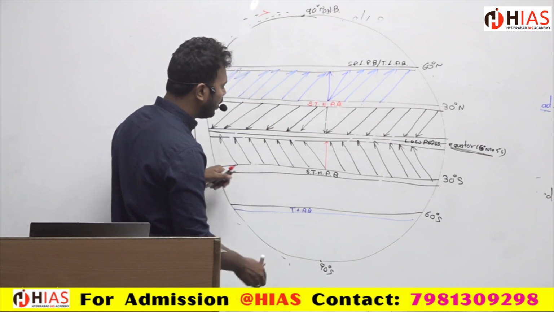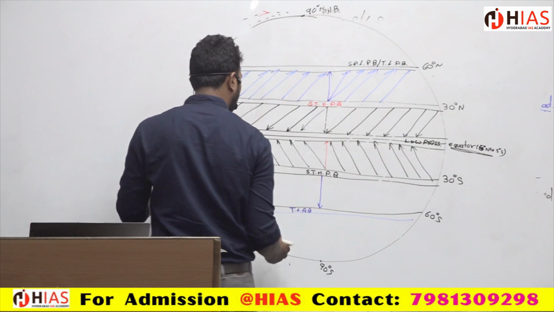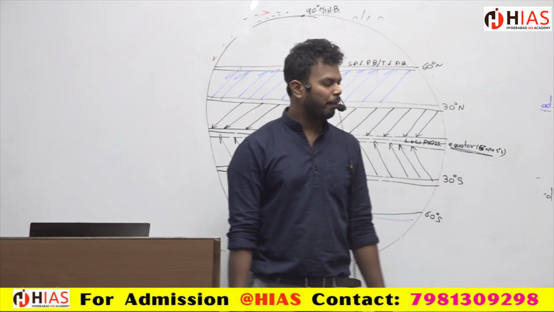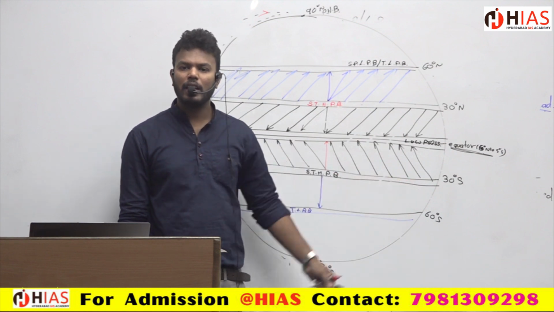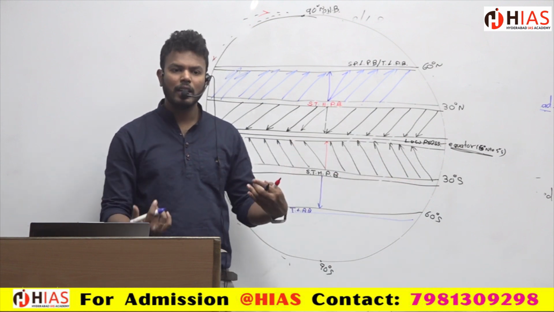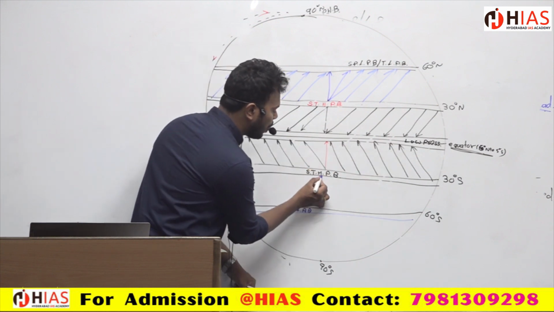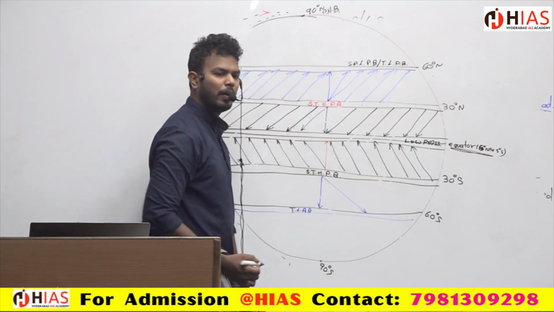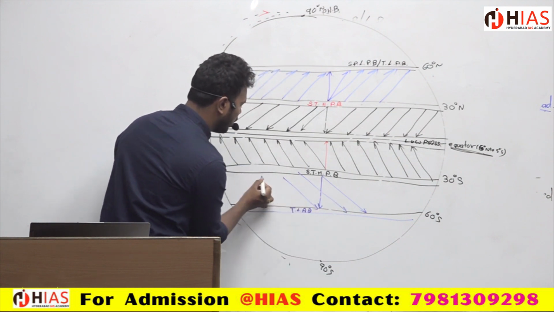See, again, the winds will be traveling from where? High pressure to low pressure. But when it is traveling from high pressure to low pressure, it will be deflected to the left side because it is the southern side. Southern hemisphere, they will be deflecting left. So where will it go? It will be going in this direction. Okay. So this is the left side.